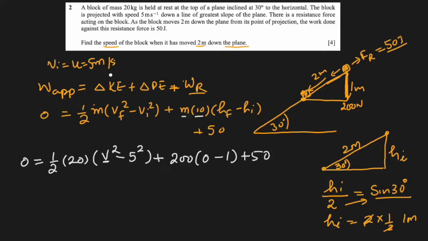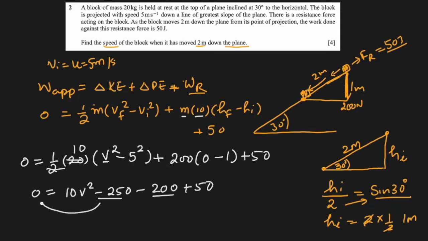V, final velocity, is the only one which is asked as a speed here. So 2 and 20 cancel, 10. So I'll open this bracket now: 10 v square minus 25 times 10, 250, plus 200 times minus 1, which is minus 200, plus 50. So minus 250 minus 200 is minus 450, and plus 50 will be minus 400, so that goes to the other side.